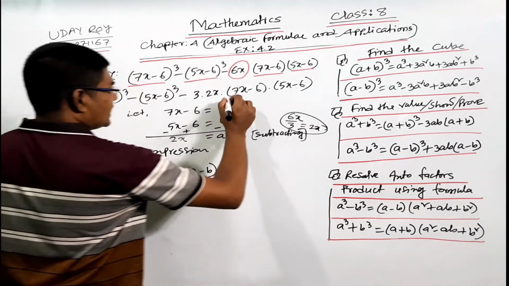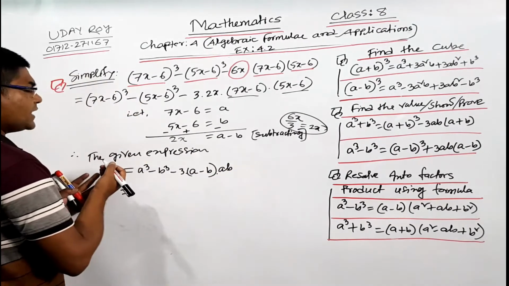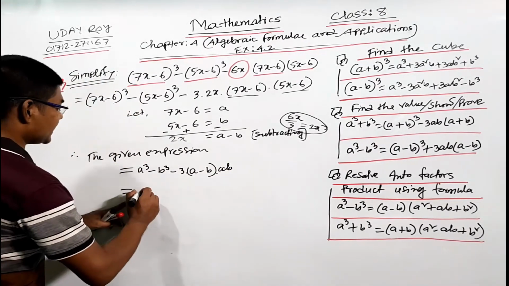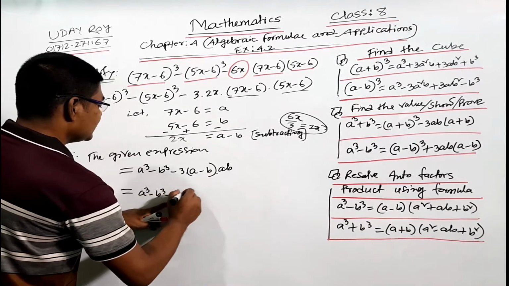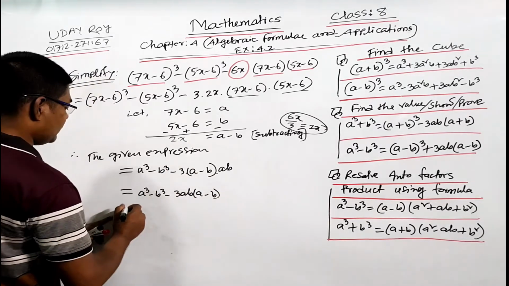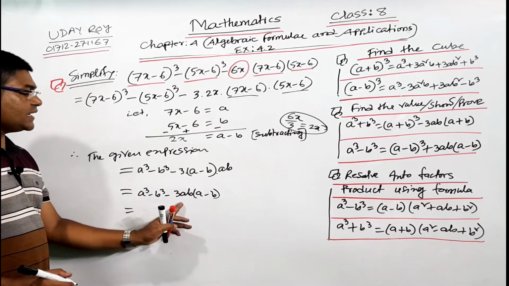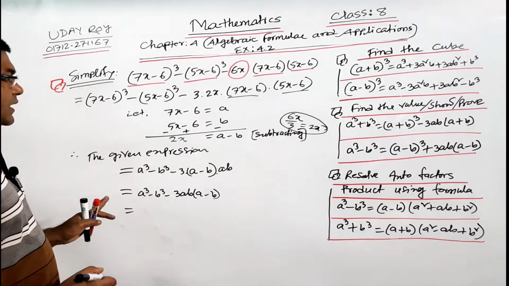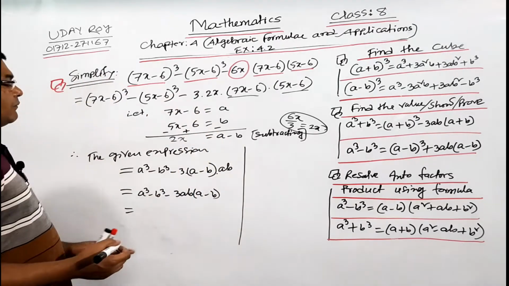And here is a, this is b. Try to rearrange: a cube minus b cube minus 3ab into a minus b. Let's come back here.